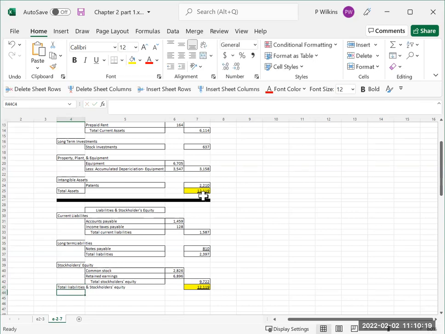And again, I have highlighted the two cells here that the total assets are 12,119 and the liabilities and stockholders' equity is 12,119. And that's what we need. The assets need to equal the liabilities plus the stockholders' equity.